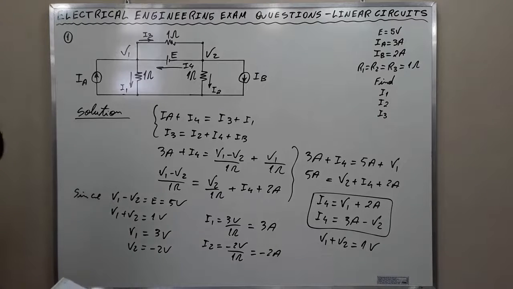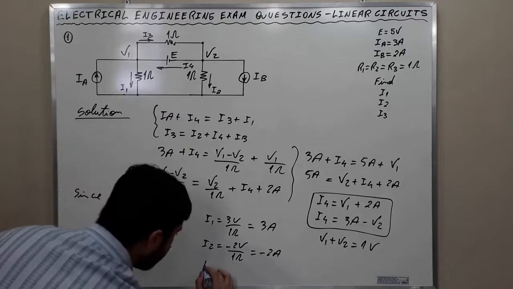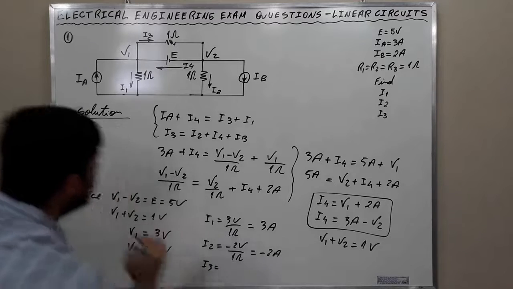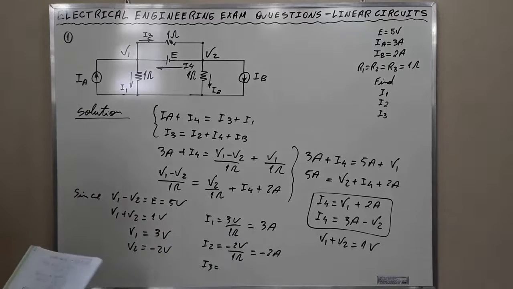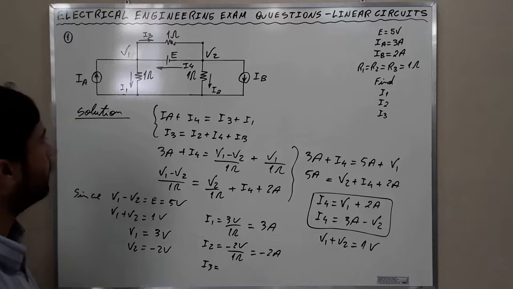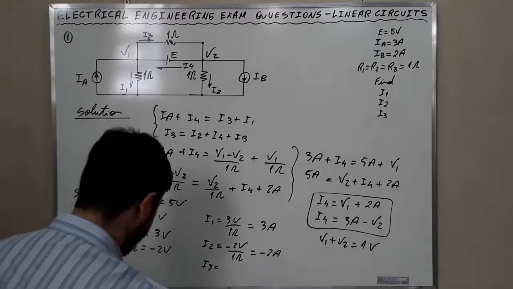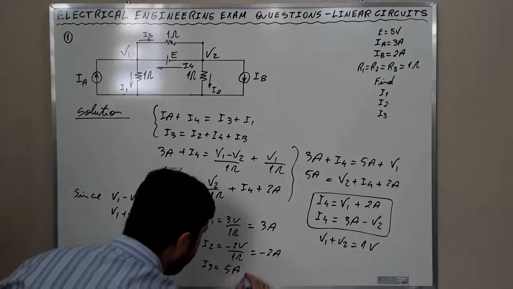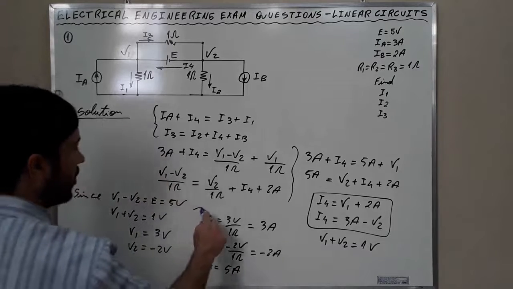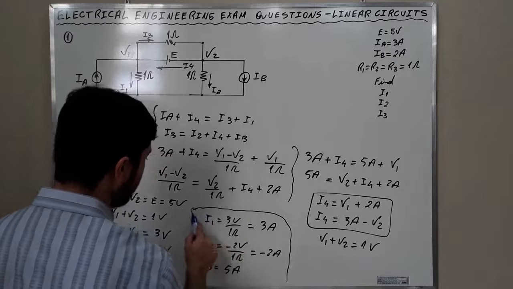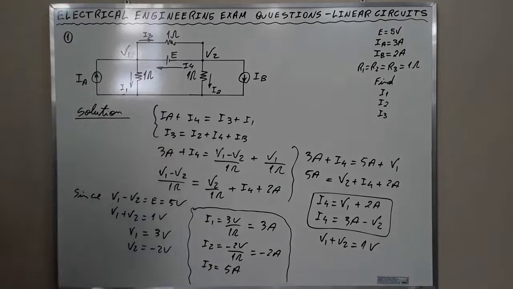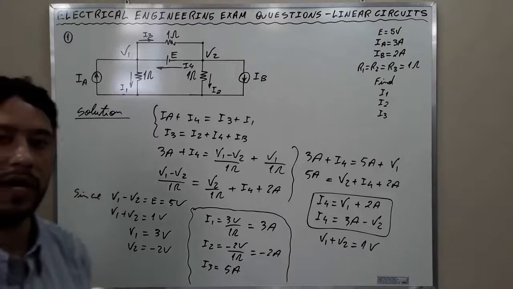And finally, I3 is equal to E divided by 1 ohm. Okay, we already know that I3 is then equal to 5 amperes. Okay, so my friends, these are the results. These are the results of the first exercise. Let's go now to the second exercise.